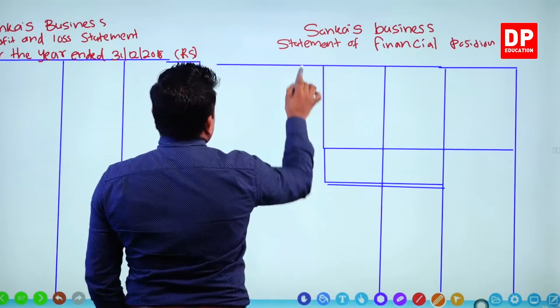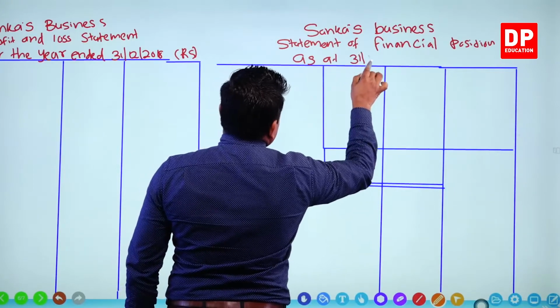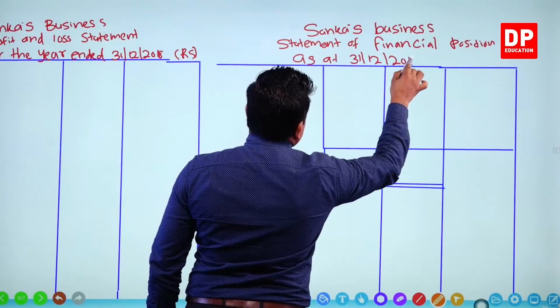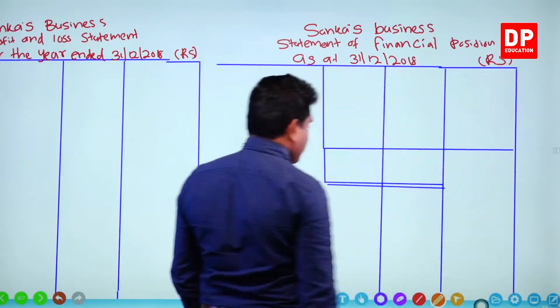When ended? No, as at 31st December 2018, right? In rupees you can write, in every question you put it, right?